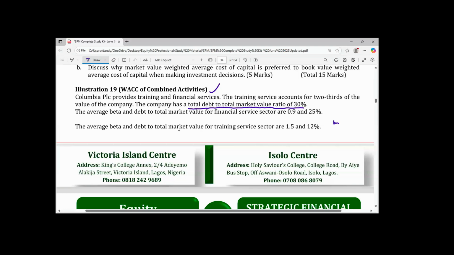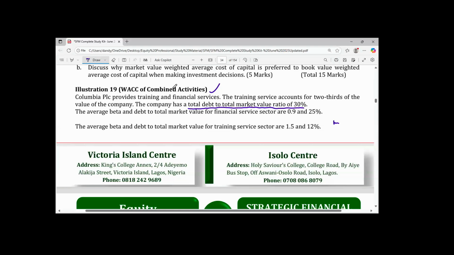Step 5, I will regear. Step 6, I will calculate cost of equity. Then step 7, I will calculate WACOCA. It's as simple as that. No matter how big the question is, even if the examiner gives you 10 pages of a question, it's the same procedure. Just follow those 7 procedures to calculate your WACOCA.